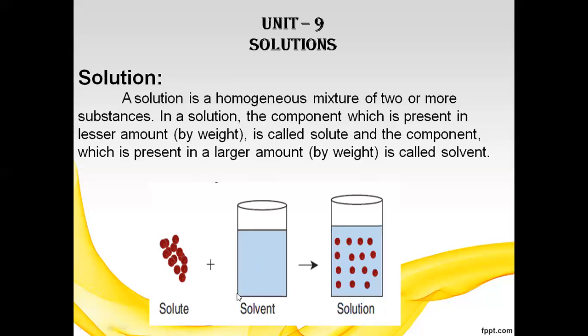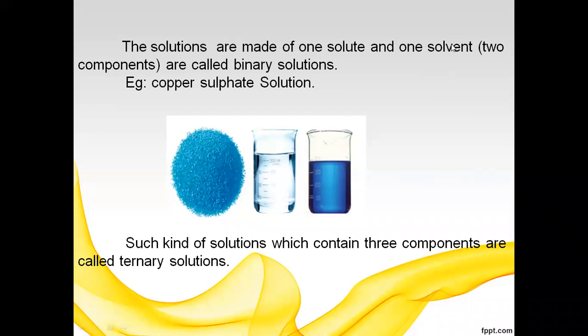The solute and solvent definition: the component present in lesser amount by weight is called solute, and the component present in larger amount by weight is called solvent. A solution containing one solute and one solvent is called a binary solution.